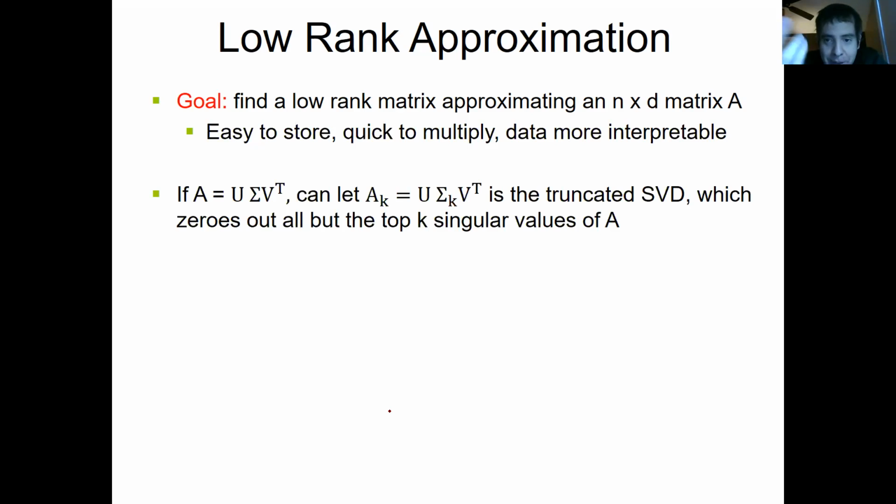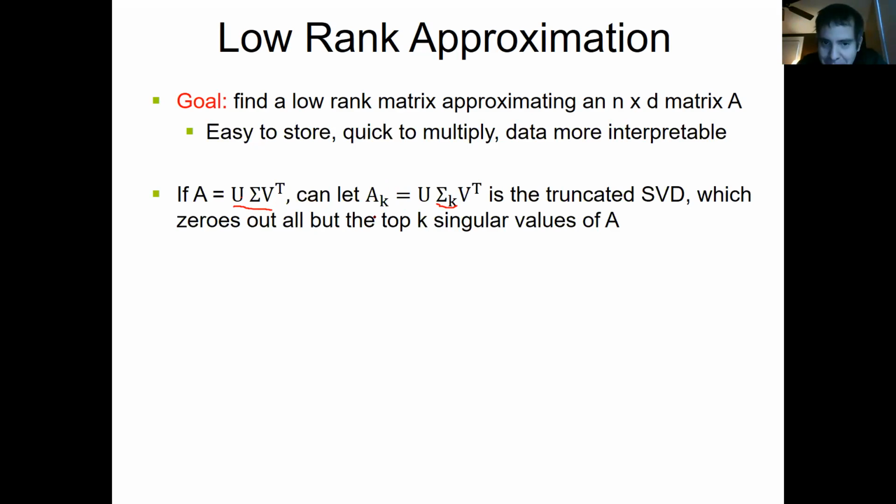The singular value decomposition, or SVD, gives you an optimal solution for many norms. The solution is just to take the SVD, U sigma V transpose, where U and V have orthonormal columns, and just truncate it. You take the top k singular values, you get sigma k, and you zero out everything else.